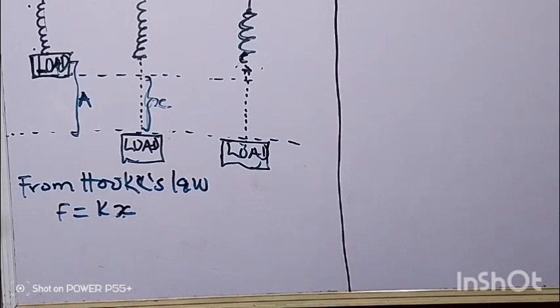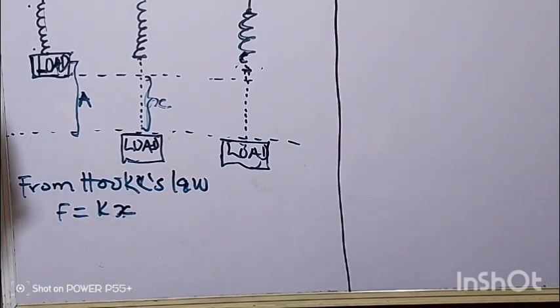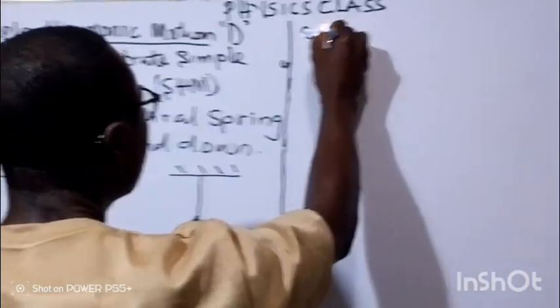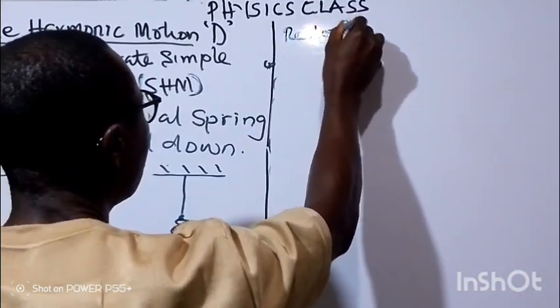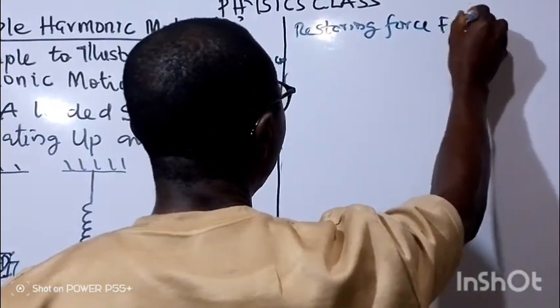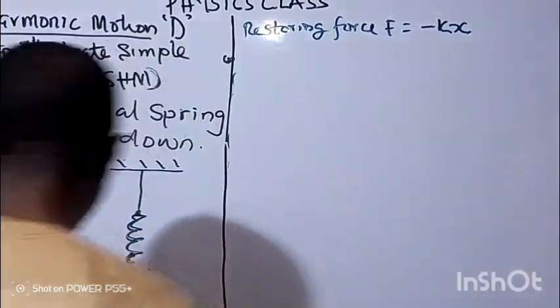Now, the first thing under this is restoring force. The restoring force F will be equal to minus Ks. Why is it minus?